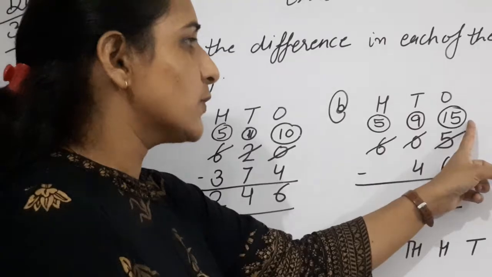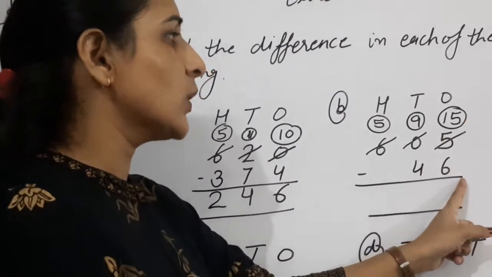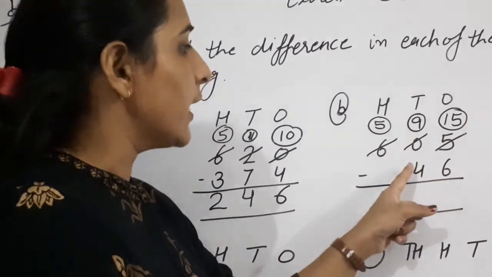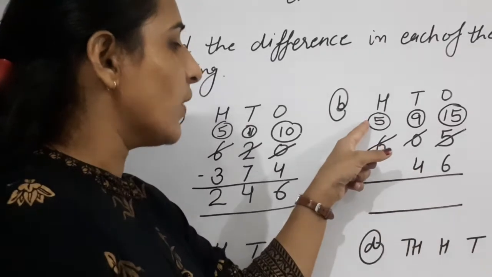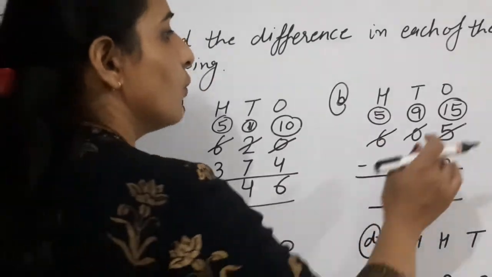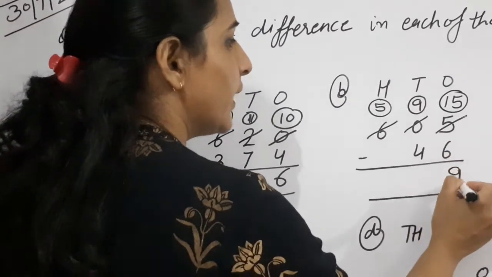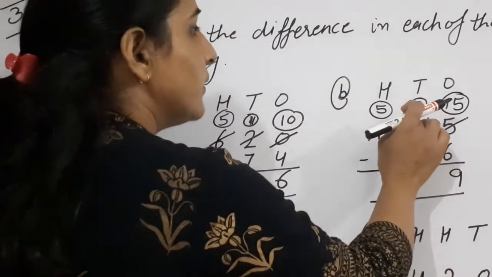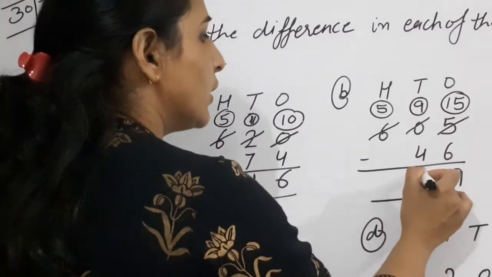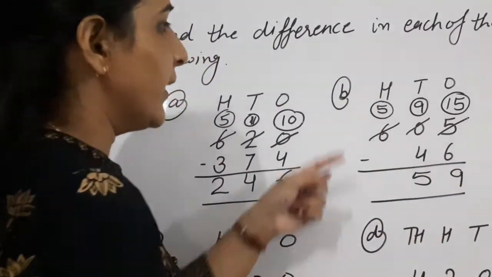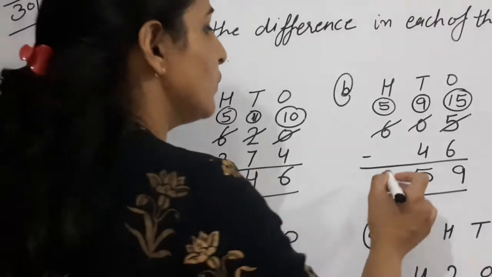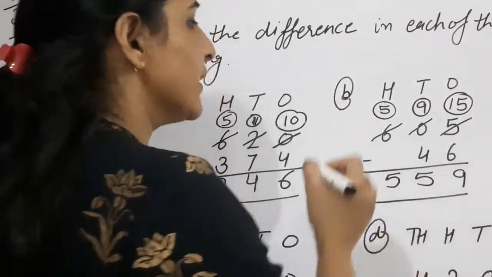Here is 15 ones, here is 6 ones, here is 9 tens, here is 4 tens, here is 5 and there is nothing. So 15 minus 6 equal to 9. Clear? And 9 minus 4 equal to 5. And here is 5, nothing is there, so we write the 100 place as it is.